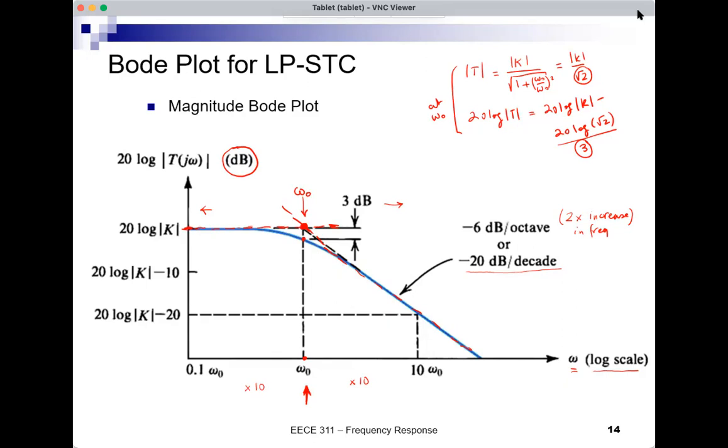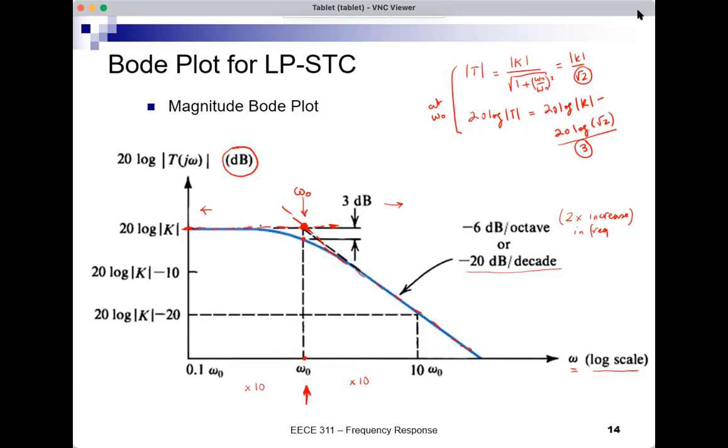And the error is 3 dB. This is the maximum error between the approximate plot and the actual plot. The maximum error is 3 dB, and it's at omega 0. So the asymptotes will tell me that at omega 0, I'm still at 20 log K. But in reality, I'm 3 dB below that.